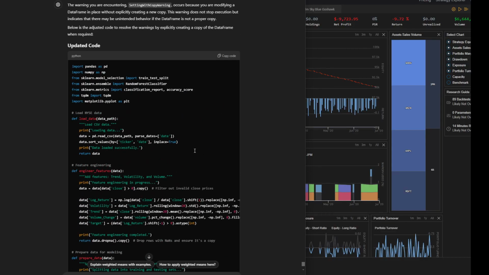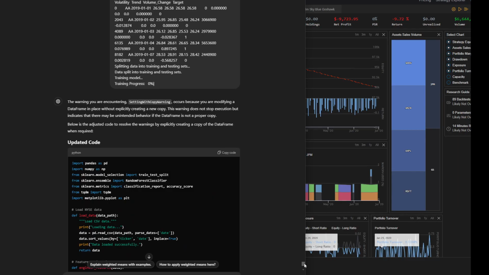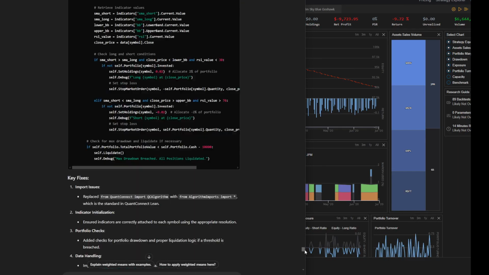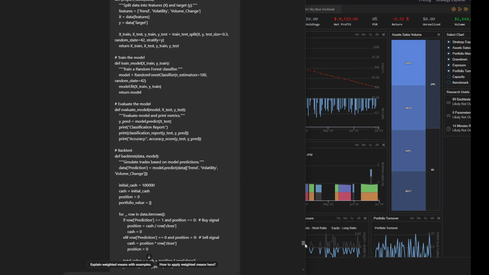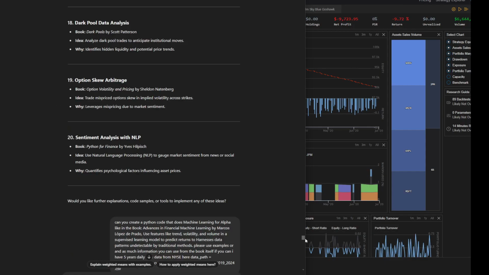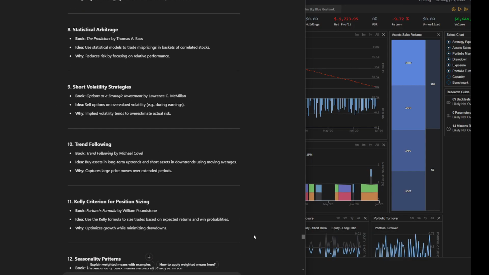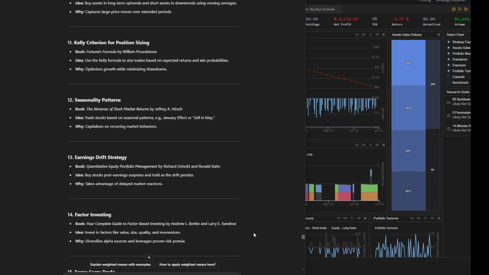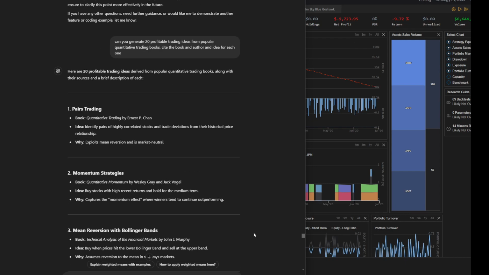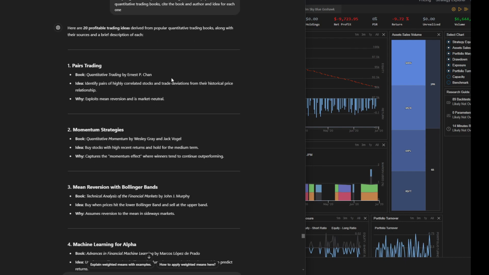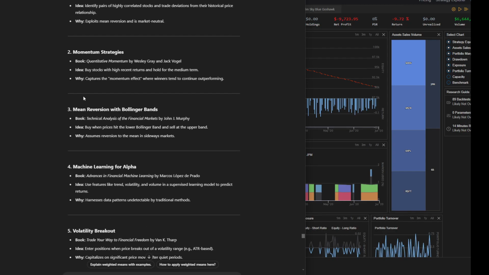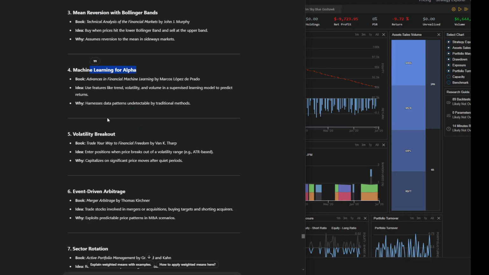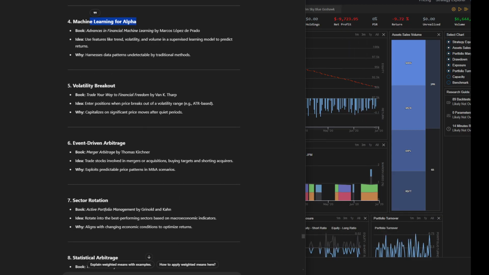So I've been trying a couple of different things and might as well get the other recommendations out of the way. One of them was books and another one was the actual trading strategies from books. So here's 20 trading strategies or ideas from popular quantitative books. One is pairs trading, momentum strategies, mean reversion, machine learning for alpha, which is what I'm trying in this one.